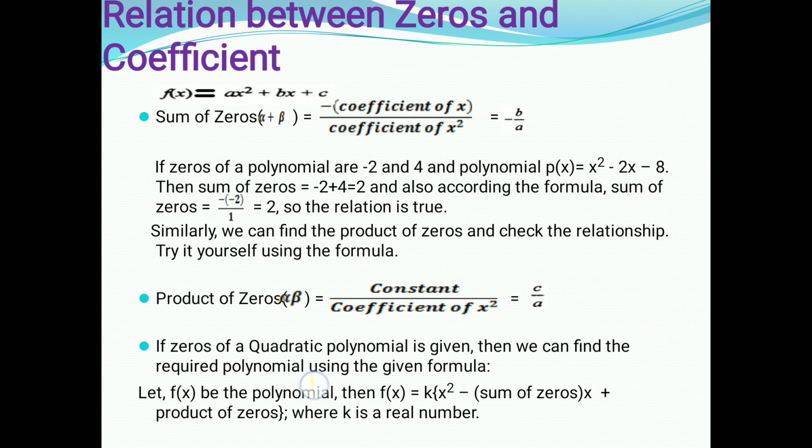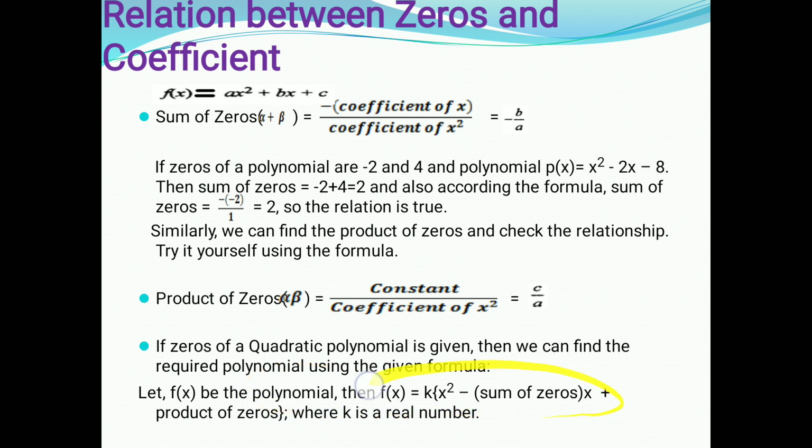Last but not the least, in the above two formulas, after getting the zeros, we have found the sum of zeros and product of zeros and their relation. But if the zeros of the quadratic polynomial are given, but the polynomial itself is not given, then how will you find the polynomial?